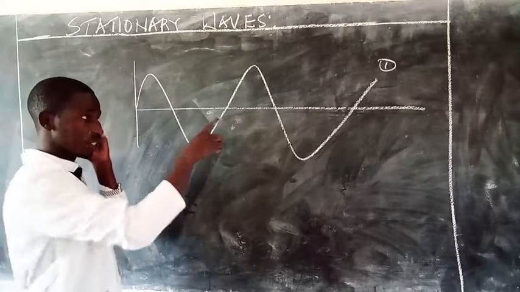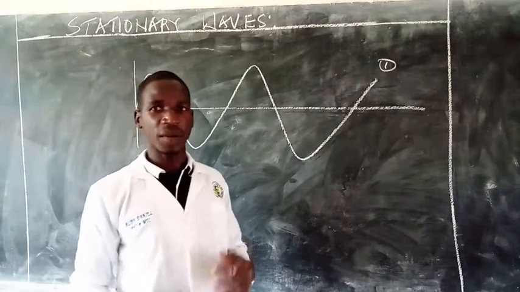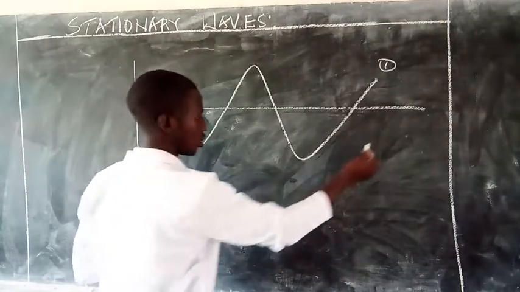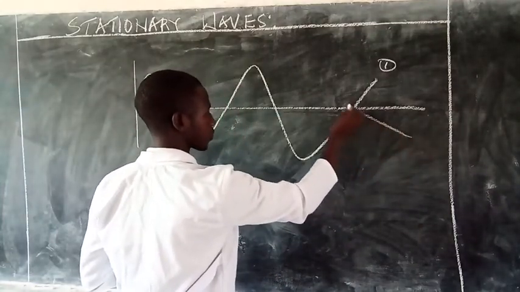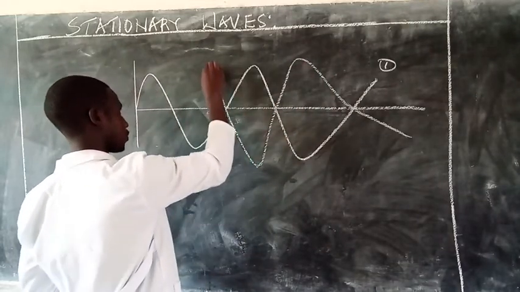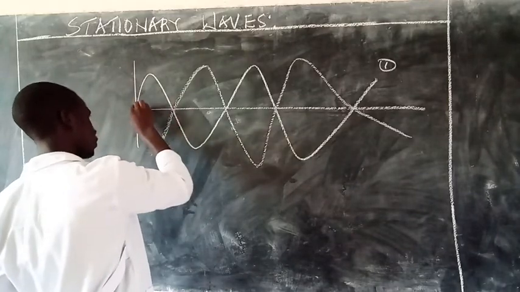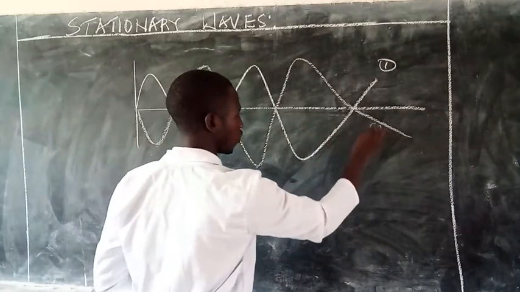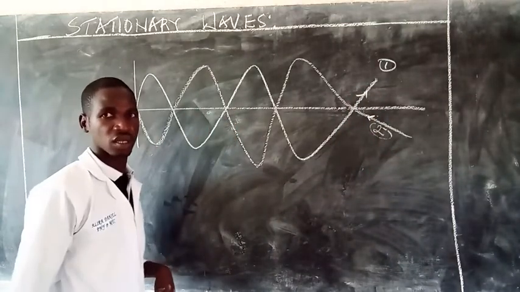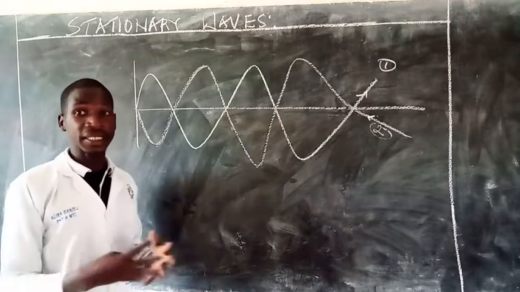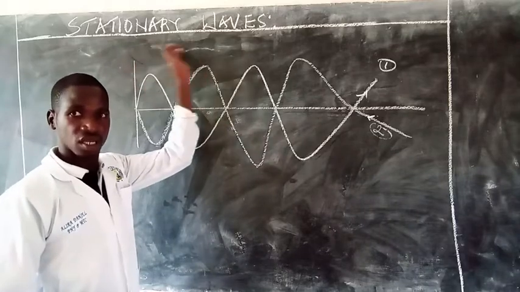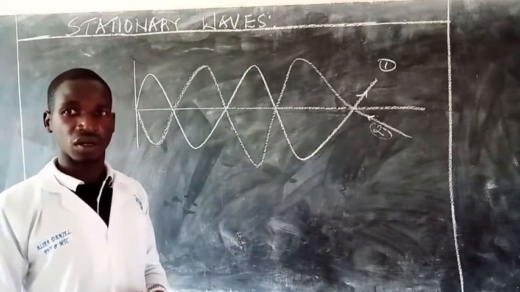If this wave 1 is superposed with another progressive wave which is moving from right to left, let me call this one wave 2, moving from right to left. So when these two waves meet, what results is a standing wave or stationary wave.